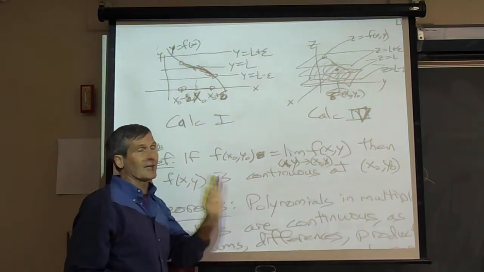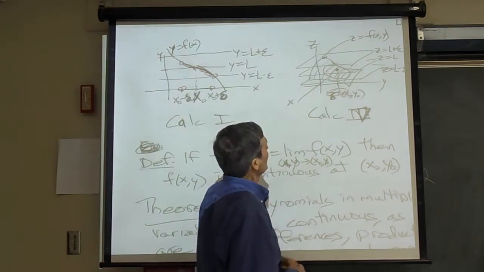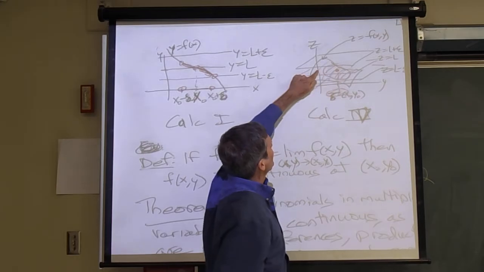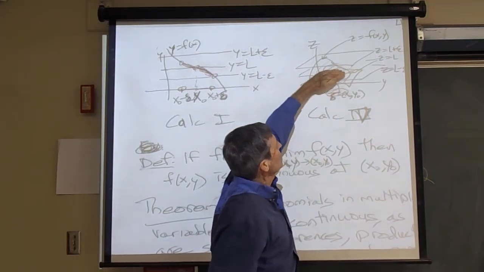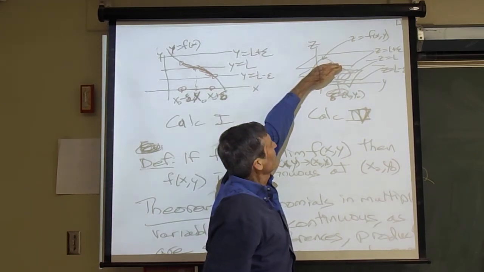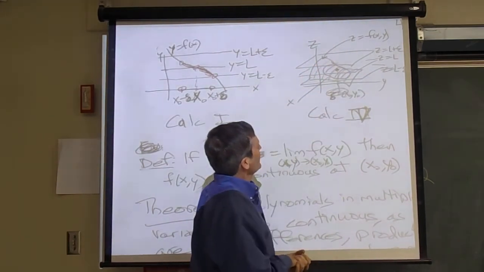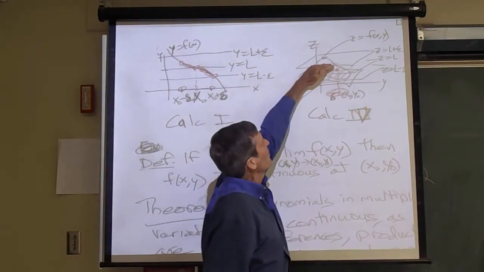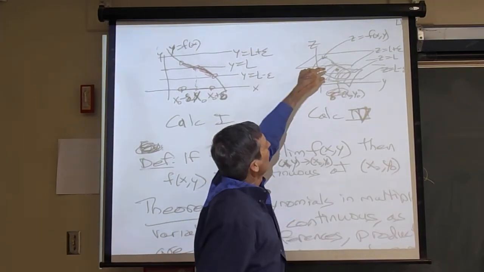We do exactly the same thing here, except we squeeze it between two planes. If I want to show the limit of the surface is a point z equals L, I draw the plane z equals L, and surfaces z equals L plus epsilon and z equals L minus epsilon above and below it, and you say you have to squeeze all the z coordinates within distance epsilon above or below, no matter how small I pick it, fine.